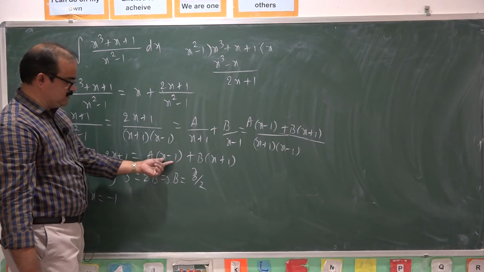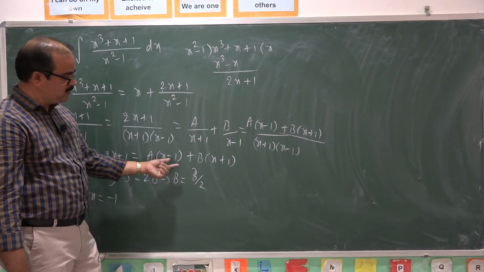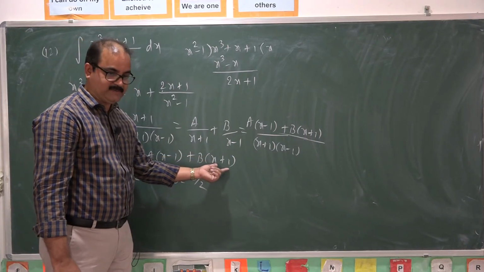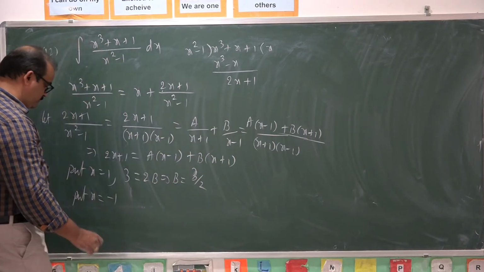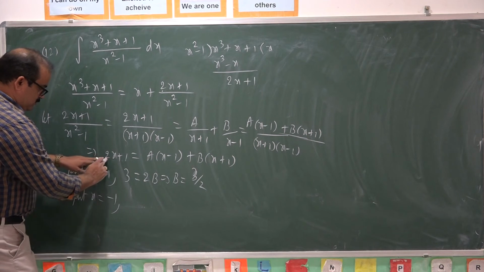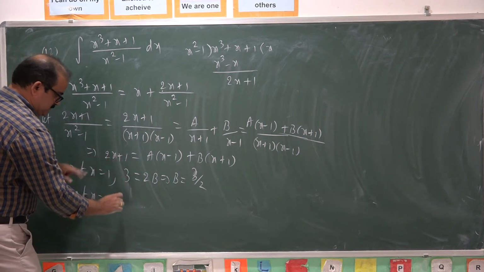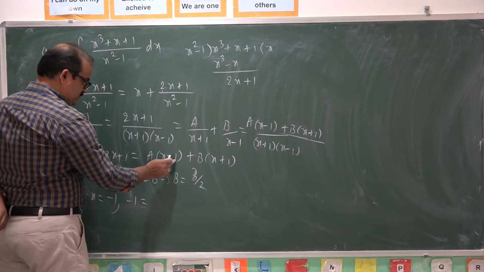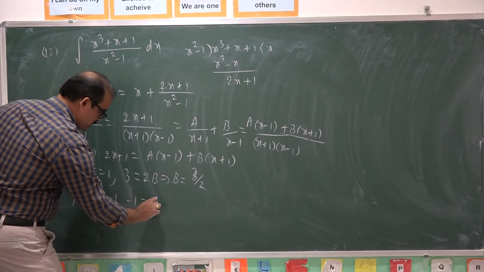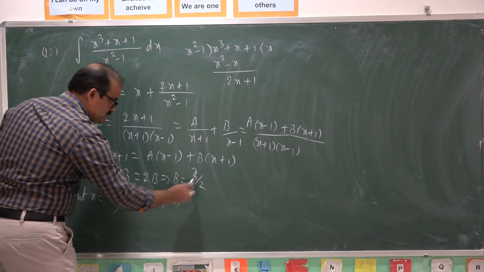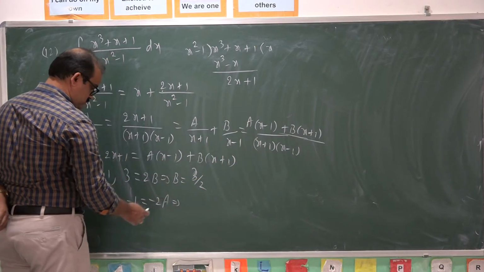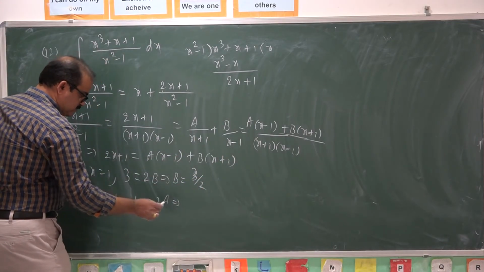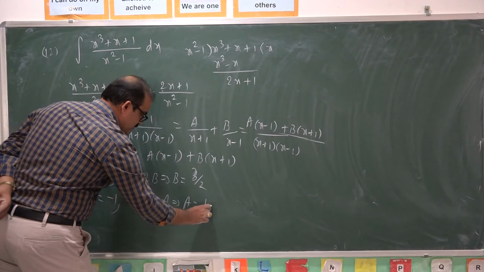When we put x is equal to 1, first term is 0. When we put x is equal to minus 1, second term becomes 0. 2 into minus 1, minus 2 plus 1, minus 1, is equal to minus 1 minus 1, minus 2, minus 2a. Minus 1 plus 1, 0. So, minus 2a is equal to minus 1, a is equal to 1 by 2.